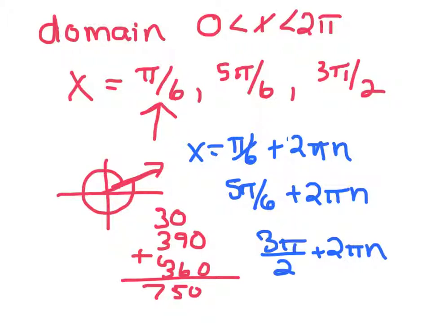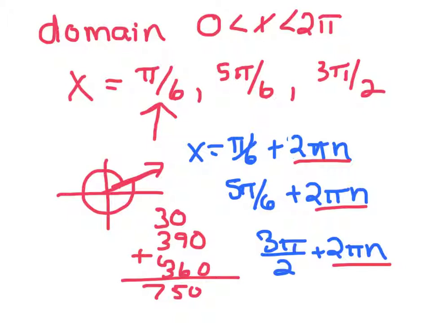And so this is just a notation saying that these values are going to repeat every 2 pi because the period's 2 pi, and obviously if it was tangent or cotangent, it would repeat every pi.